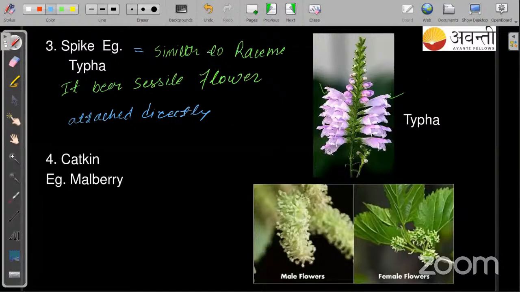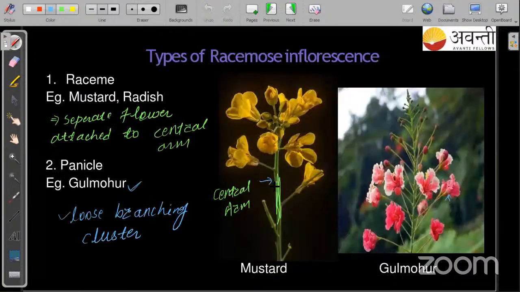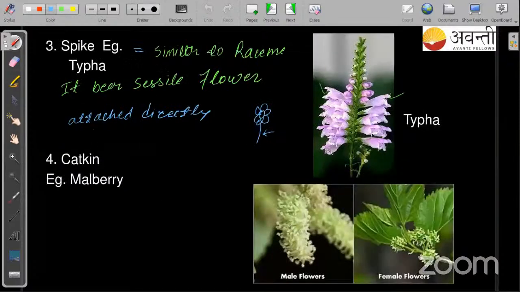There is no stalk. For example, this is the flower and this is the stalk of the flower, as in this mustard picture. But in the case of spike, you cannot see any type of stalk.